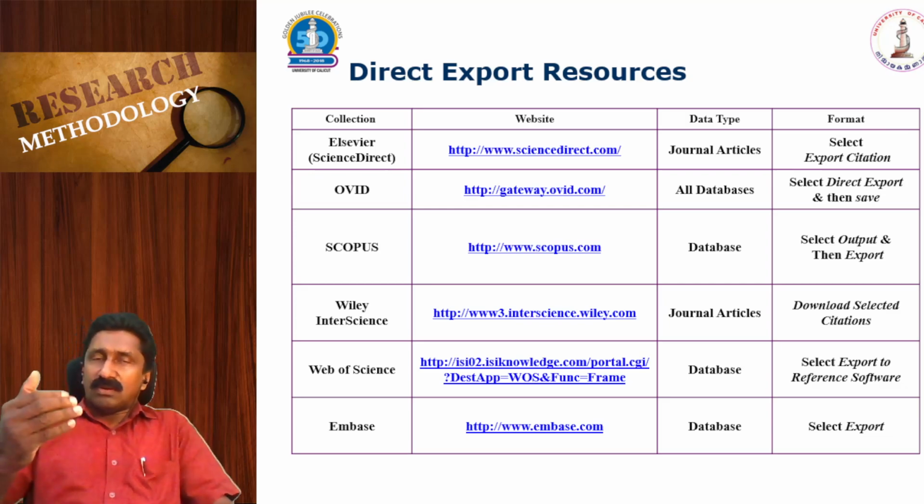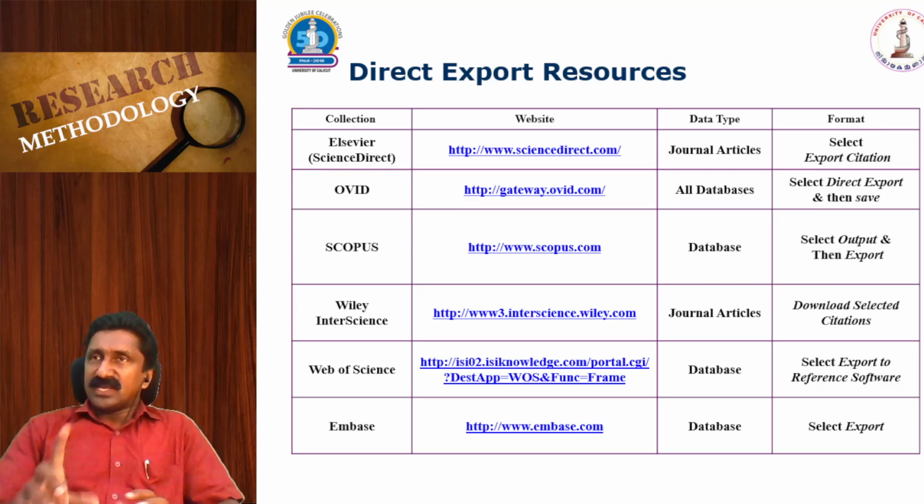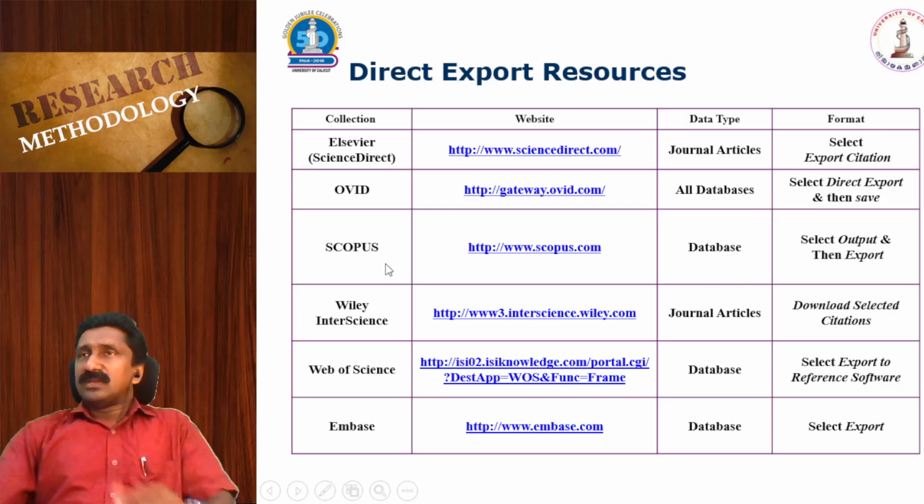You can download all the articles available there, or the metadata of the articles available in that database. Such specific databases are also there, and many of them share this information. For example, 90% of the articles available in Web of Science can be downloaded from Scopus also, and the uniqueness may be only 10% or less than 10%.